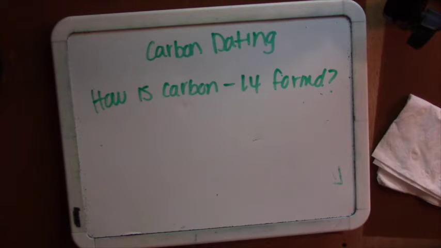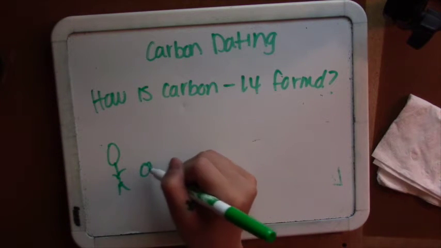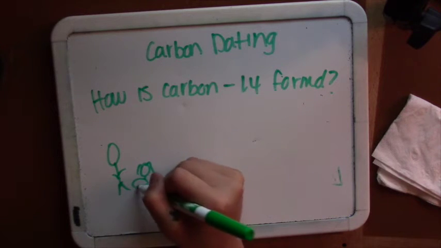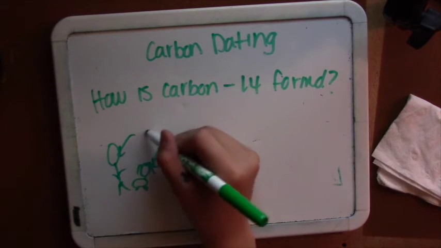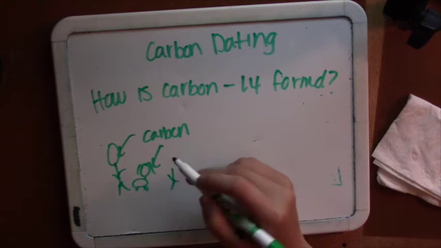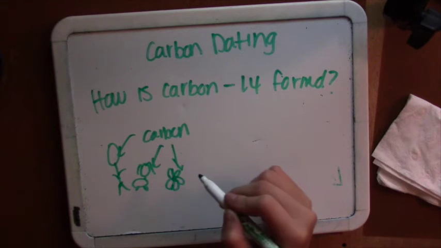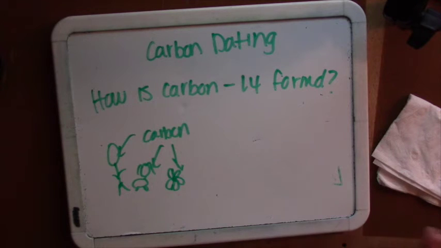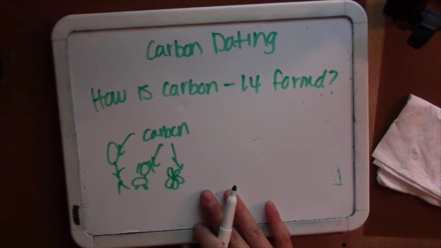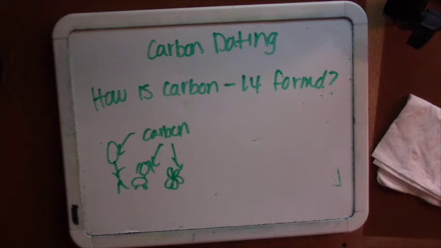So all living things take in carbon from the environment. Just imagine people and the little puppy, and they're all breathing in carbon. Now, plants also are a part of this, and this is like a terrible flower, but it also takes in carbon during the process of photosynthesis, and in turn they release oxygen.